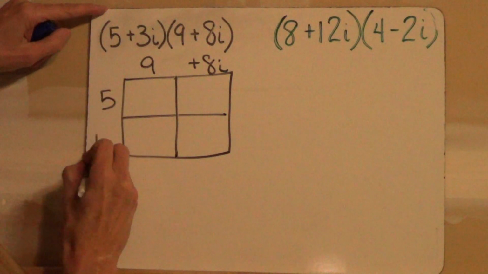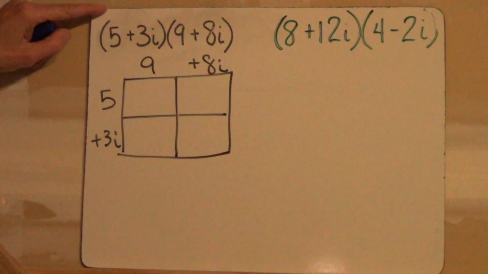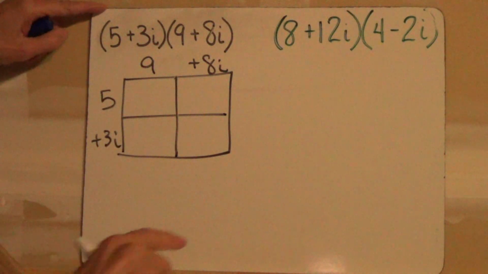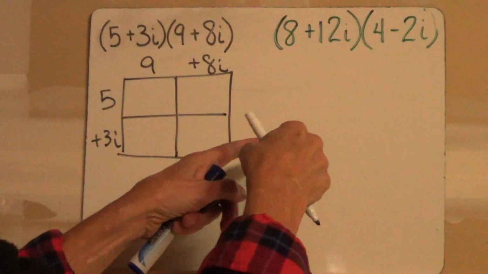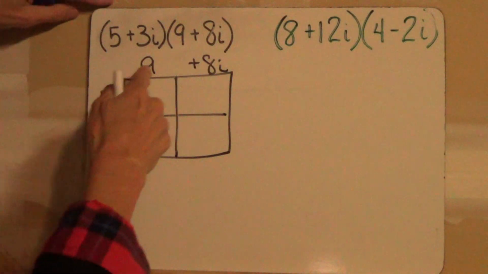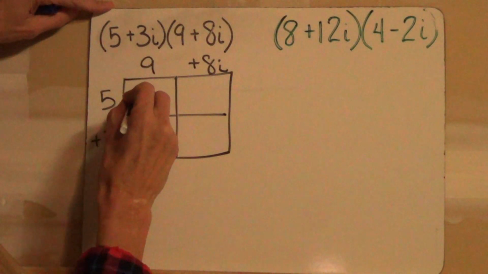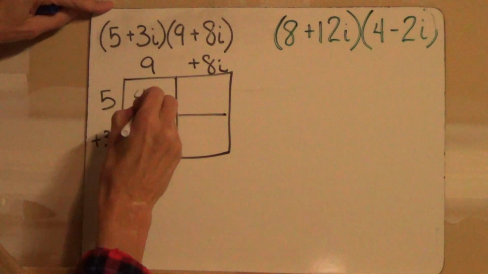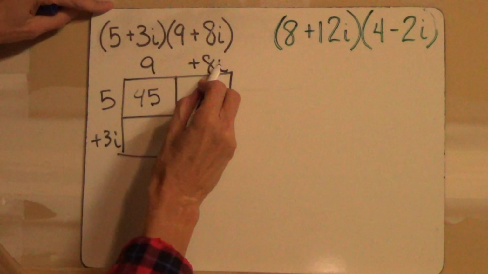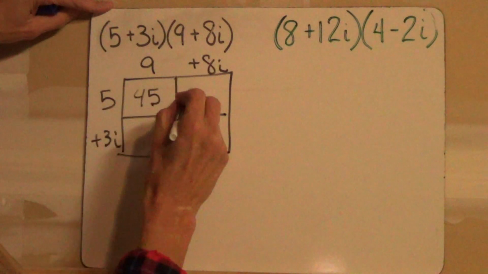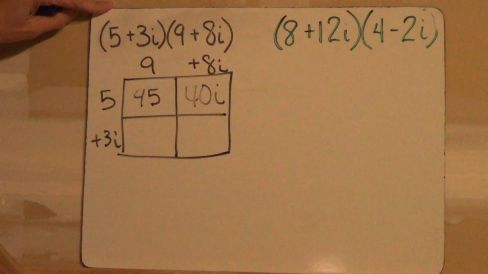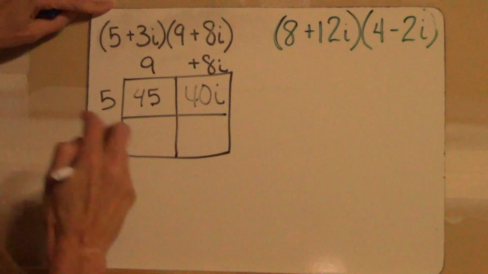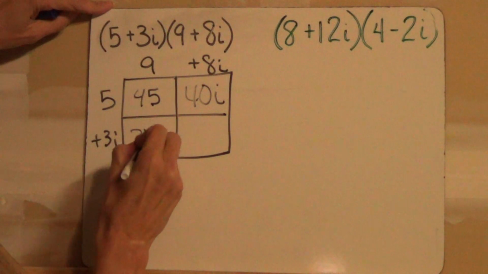And this is just like back in like 4th grade when you learned about the multiplication table, and you would say 8 times 6, and you'd go out here and you'd find the square of the answer, and it was 48. 9 times 5, 45. 8i times 5, that would be 40i. 9 times 3i, 27i.